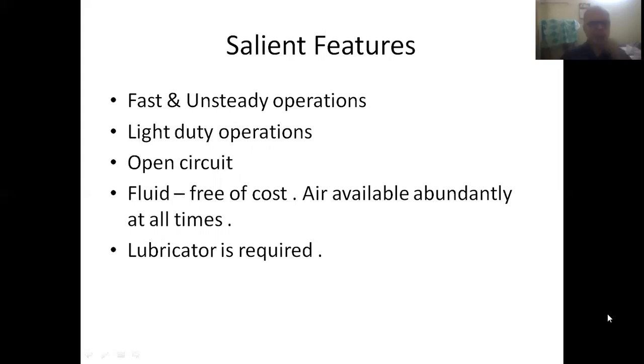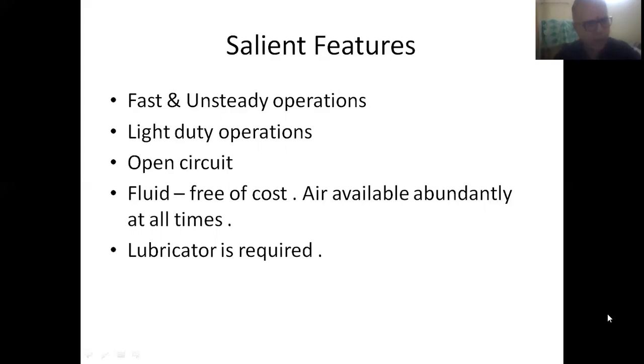So friends, we are coming to the last slide. Here I have mentioned the salient features of pneumatic systems. They are suitable for performing fast operations. The density of air is very, very less when compared to density of oil. So it will be moving at a faster rate.